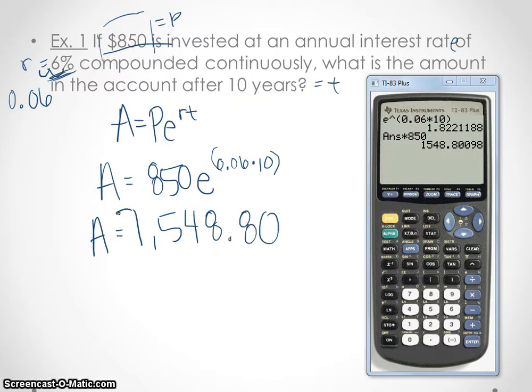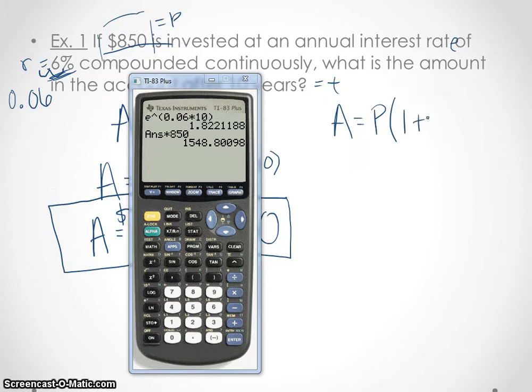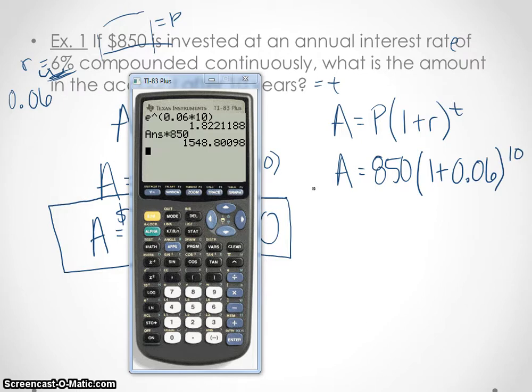Okay, so quite a bit of money. We almost doubled what we put in in only 10 years. Now, if you wanted to, you could compare that to just compounding it annually. That formula, remember, was A equals P times 1 plus R to the T power. Let's plug everything in and see what we get, just for argument's sake. Our principal was 850, then 1 plus our rate, 0.06, to the T power, and T was 10.